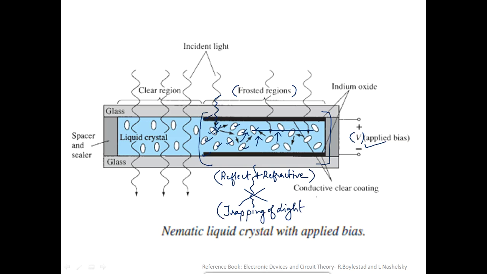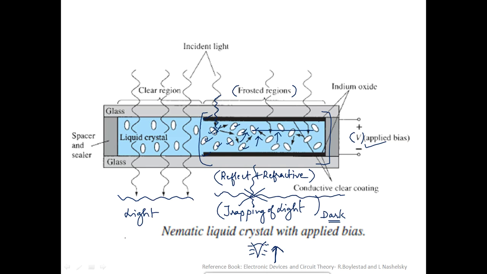Okay, so when light gets trapped, this region, for the human eye, if the viewing angle is from this end, appears dark because light is not coming out, whereas this clear region appears lightened.